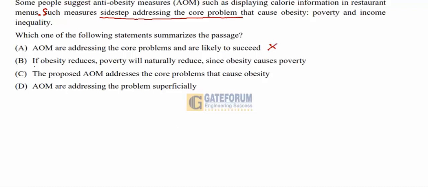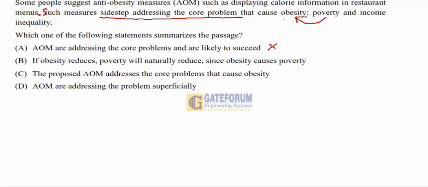Okay. Second one, if obesity reduces, poverty will reduce. Since obesity causes poverty. But it has been clearly written that poverty causes obesity. See, such measures sidestep addressing the core problem. What is the core problem that causes obesity? That is poverty.